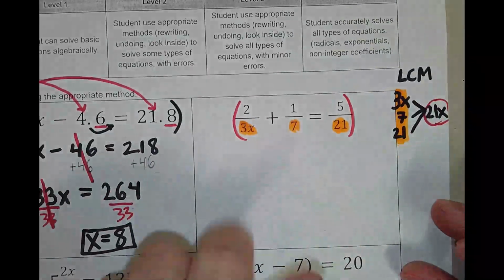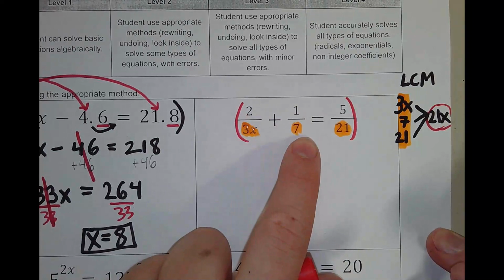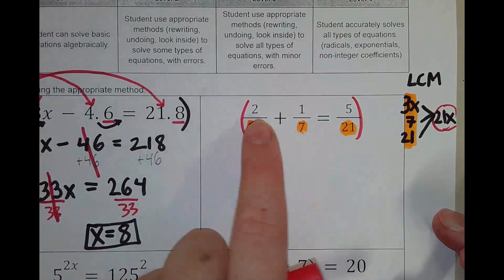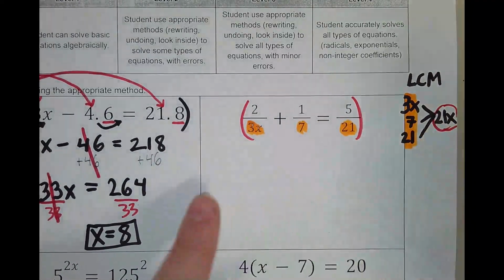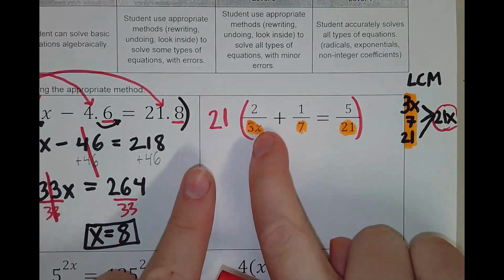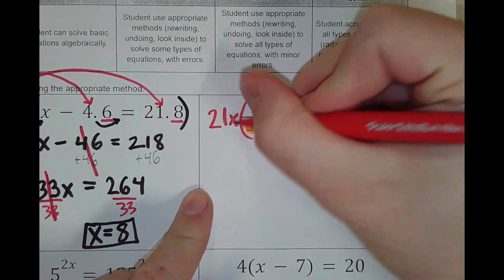Meaning, if I had to do the inverse operations of everything, dividing by 3x, dividing by 7, dividing by 21, what is the opposite of doing all three of those at the same time? You can get rid of all of those by multiplying by 21. But also, if you have x in the denominator, you must also multiply by x.